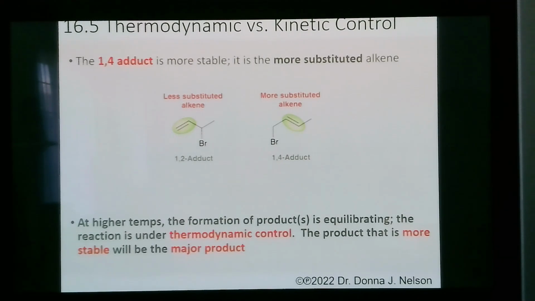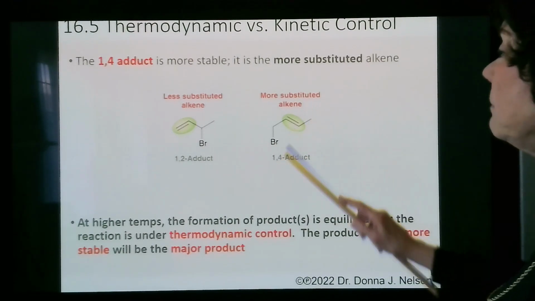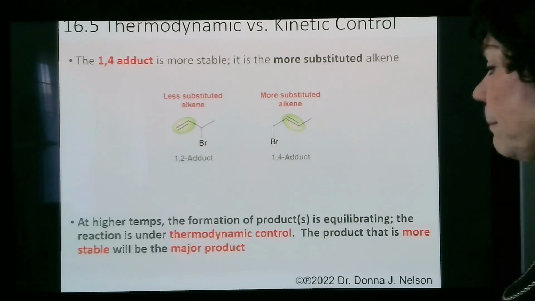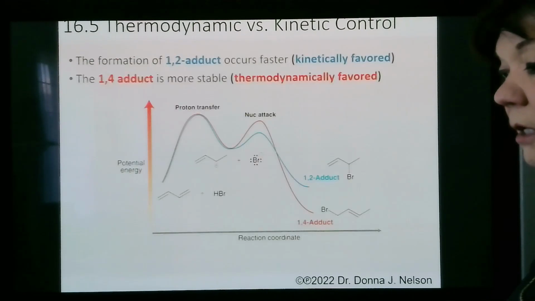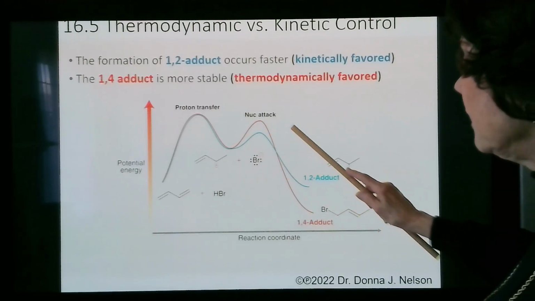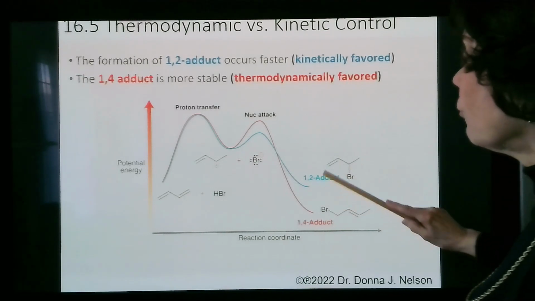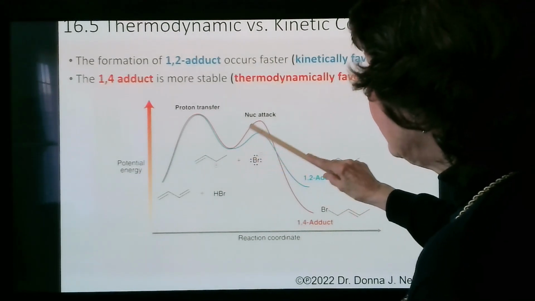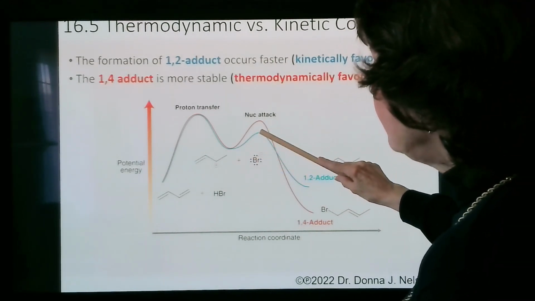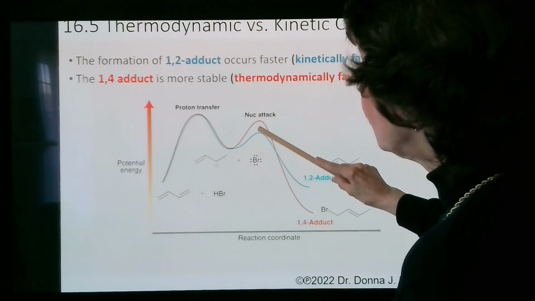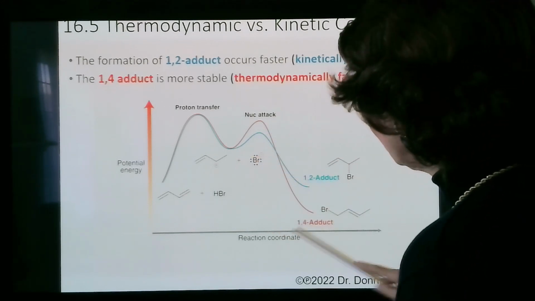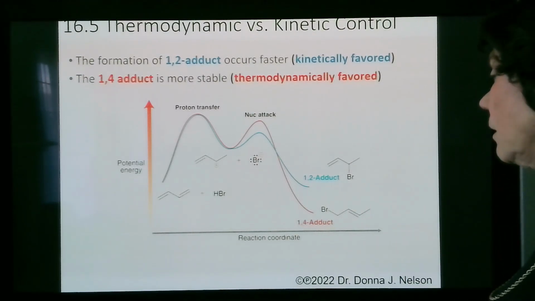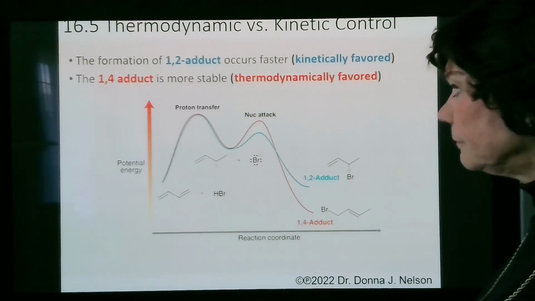At higher temperatures, you'll get the more substituted alkene, because what's happening is there is enough energy at higher temperatures for the reaction to become reversible, and so once it becomes reversible, it can attain either of these transition states. And so it becomes reversible, and when that happens, the more stable product will predominate in the equilibrium.